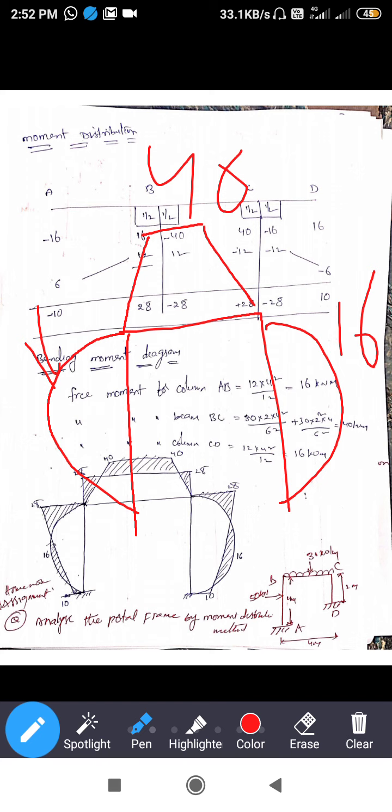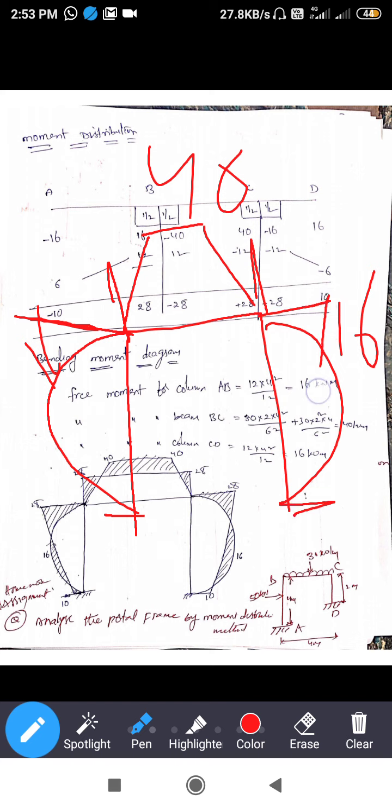Initially it is minus 16, here the value is minus 10, so you can use minus 10. So next here is 28, you can use 28. Minus 10, 28. Next here also 28, here 28, so here also 28, so here is 10.